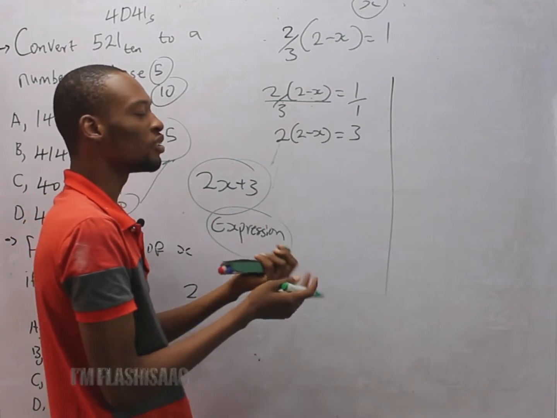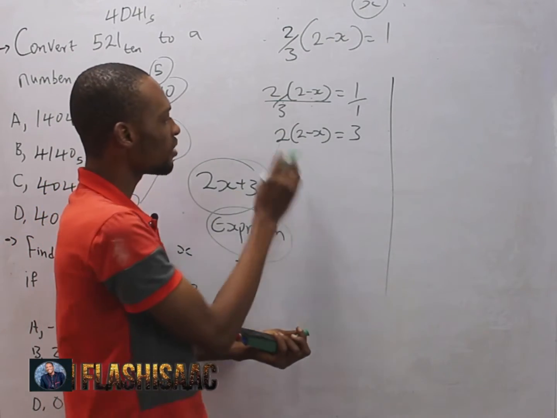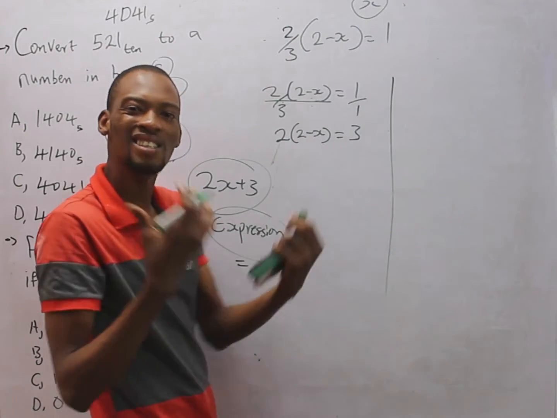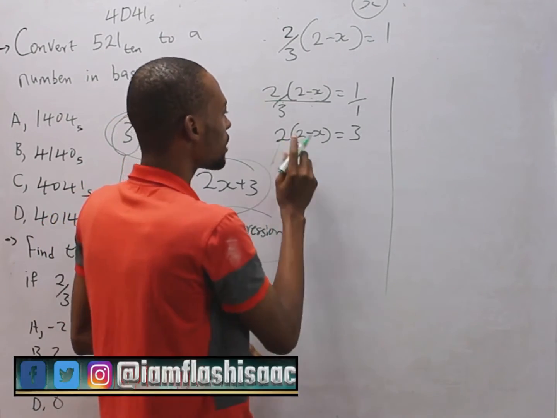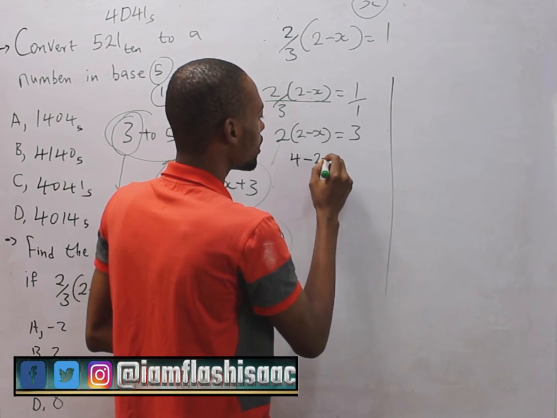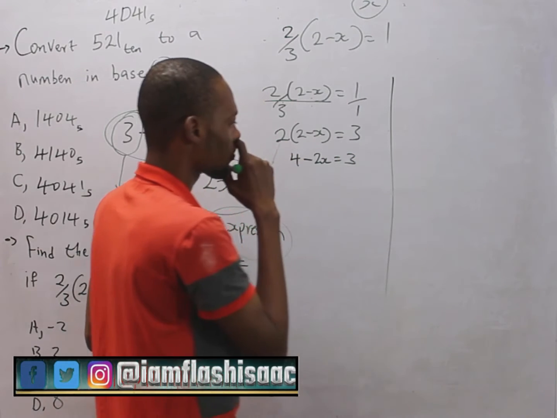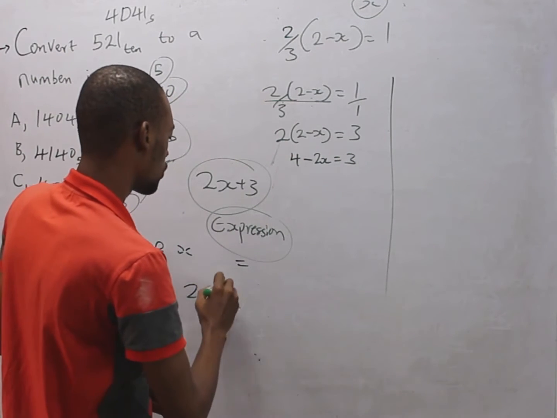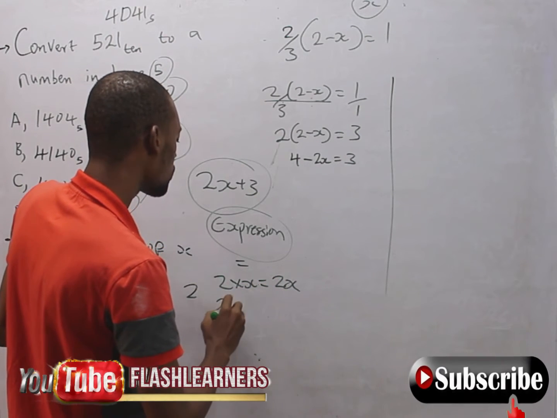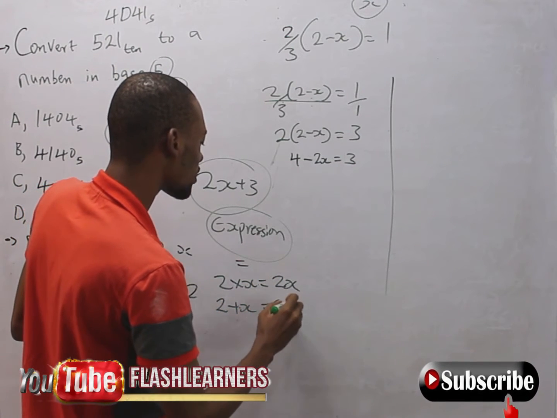After cross multiplying, you open up the bracket by using 2 to multiply each of the values inside the bracket. 2 times 2 is 4 minus 2 times s, 2s, is equals 3. Now look at this. 2 times s is equals 2s, but 2 plus s is equals 2 plus s.